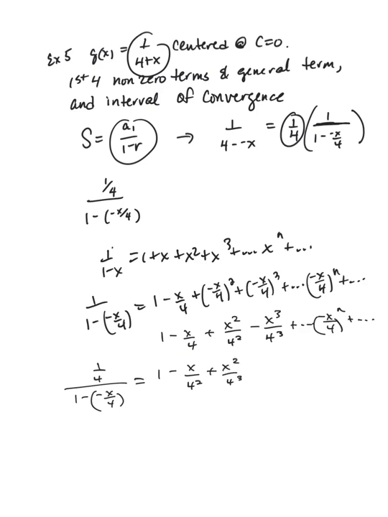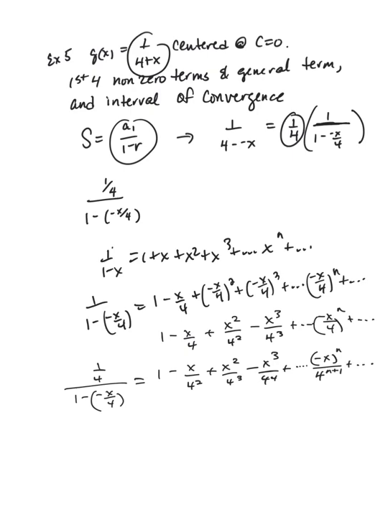See why I left it sloppy? Minus x cubed over 4 to the 4th. And then that's just going to be negative x to the n, okay, over 4 to the n plus 1.